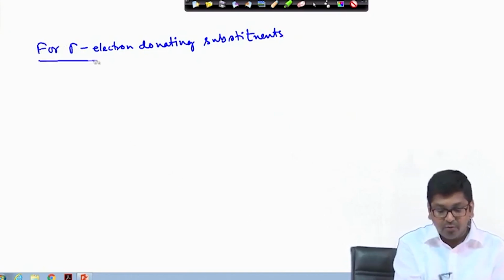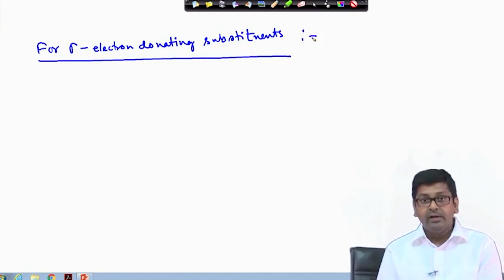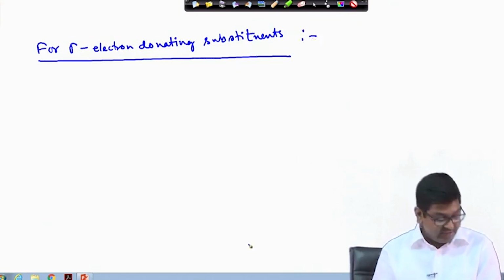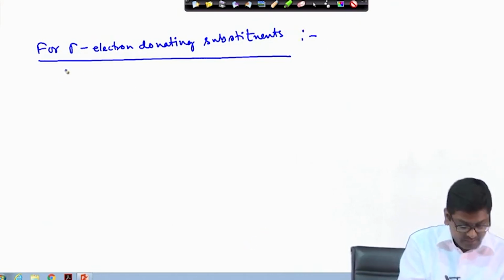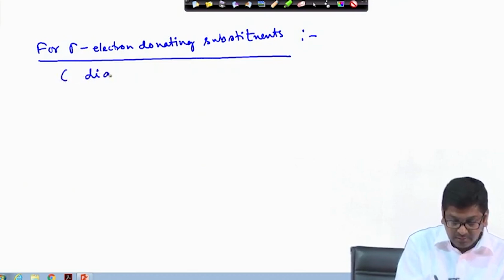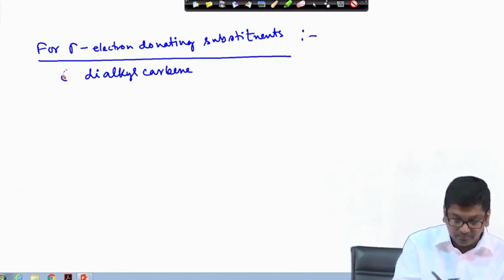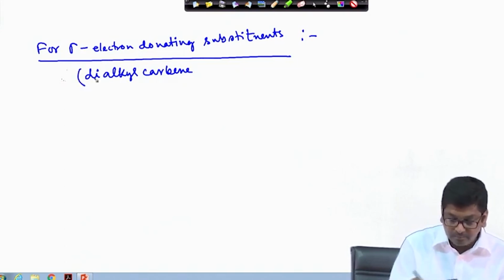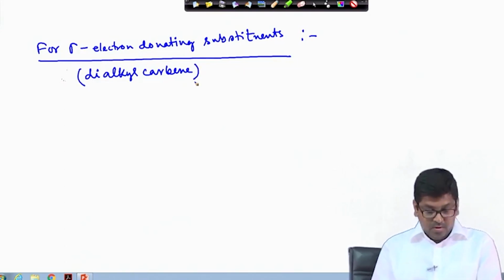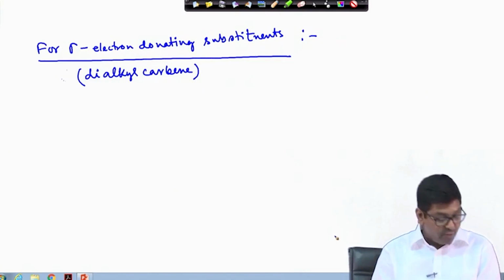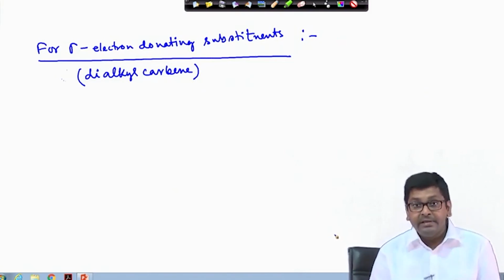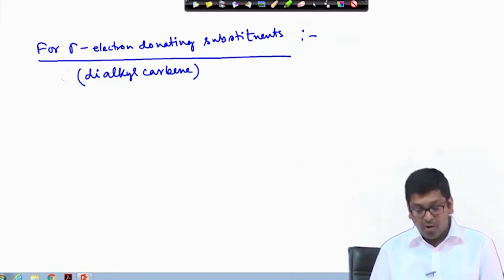For example, a dialkyl carbene. If sigma electron donating substituents are present in the carbene, how will it behave?